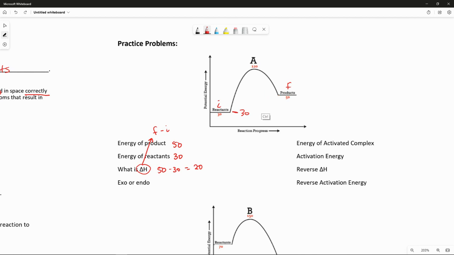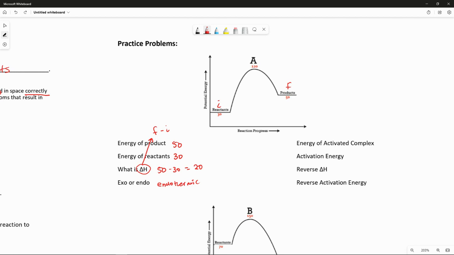So we gained 20 energy. So this graph is going to be endothermic. You could also have realized this by looking at your delta H value. Our delta H value was positive. Therefore, we know that the reaction is endothermic.